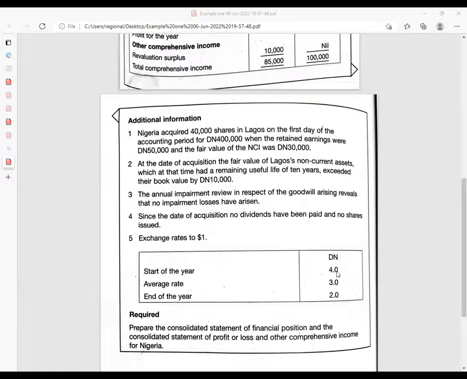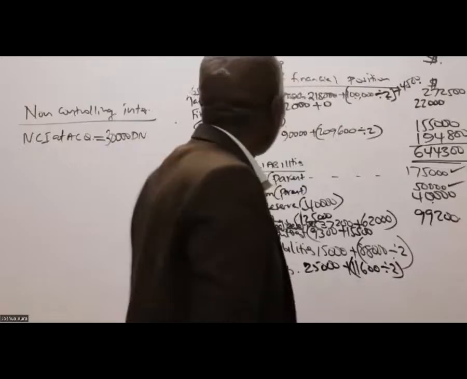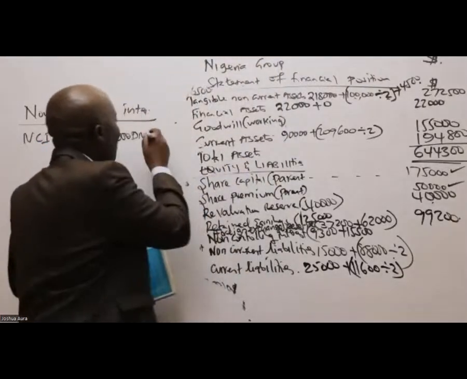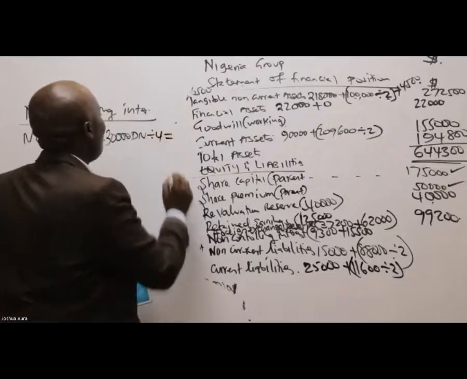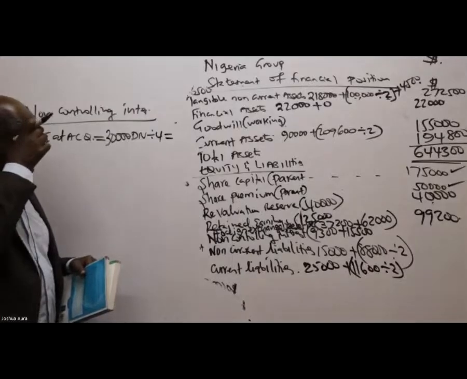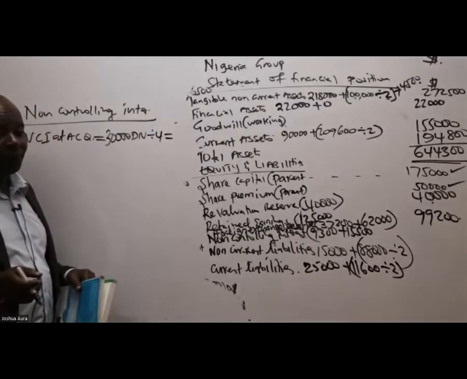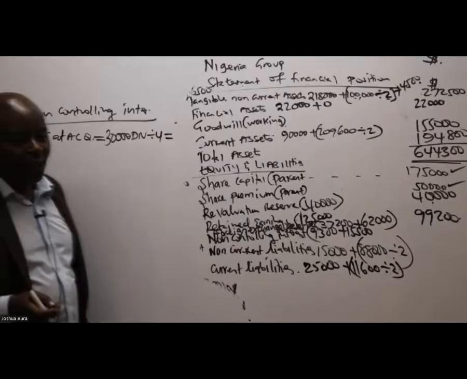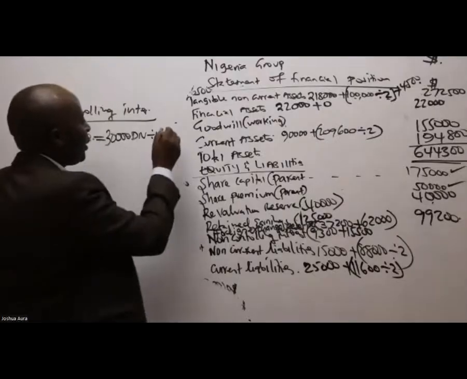It has to be the start of the year when I was acquiring, because you can see we are saying NCI at acquisition, at 4. So divide this with 4. Could you kindly give me this figure? Right, so 7,500. Thank you very much.